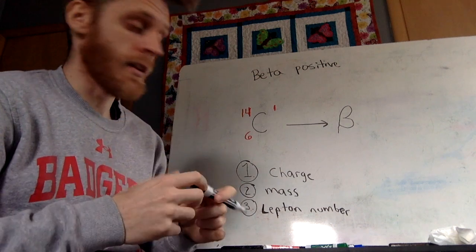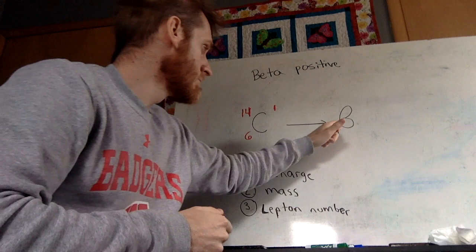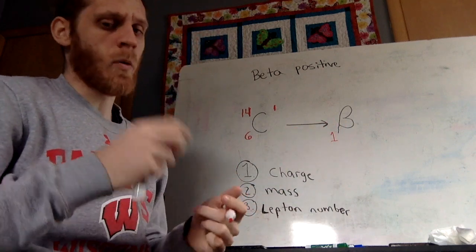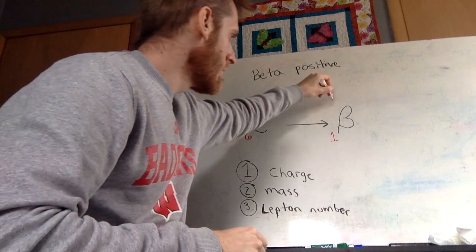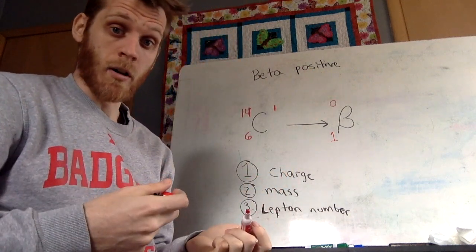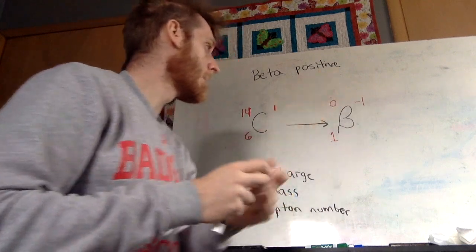It's a positron, so it's going to have a +1 charge. Its mass is essentially 0. It's not quite 0, but it's pretty close to 0. And it is an antiparticle because it's a positive electron, so it has a lepton number of -1.